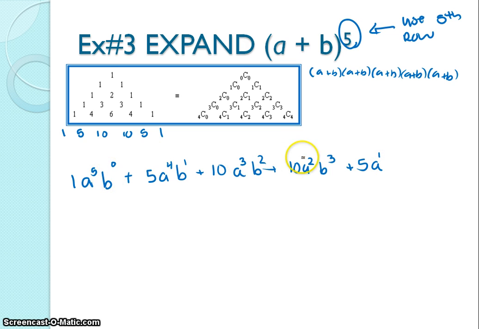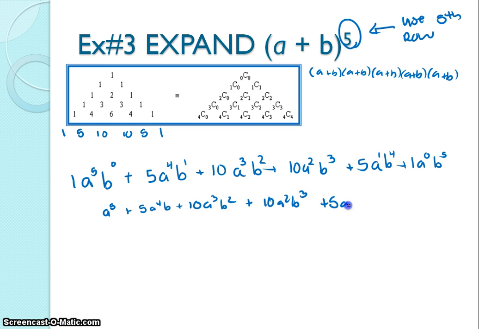And then b's we're going up, so we're at b to the 4th, plus the last binomial coefficient, 1, a to the 0, b to the 5th, which is a to the 5th when we simplified it, plus 5a to the 4th b, plus 10a cubed b squared, plus 10a squared b cubed, plus 5ab to the 4th, plus b to the 5th.